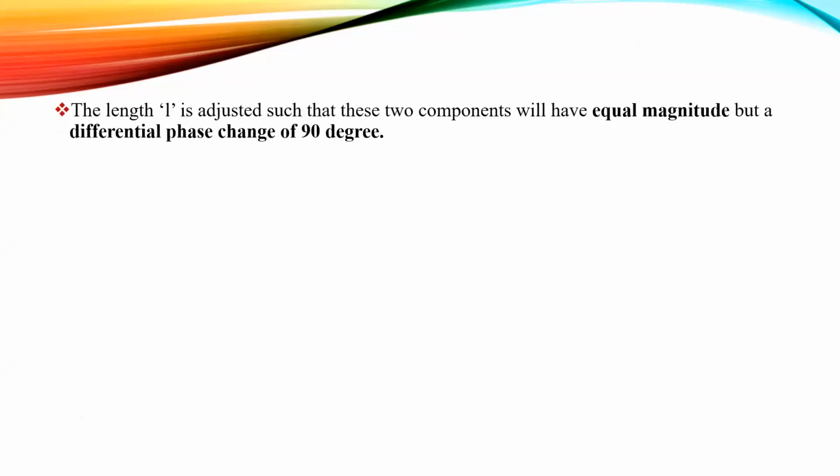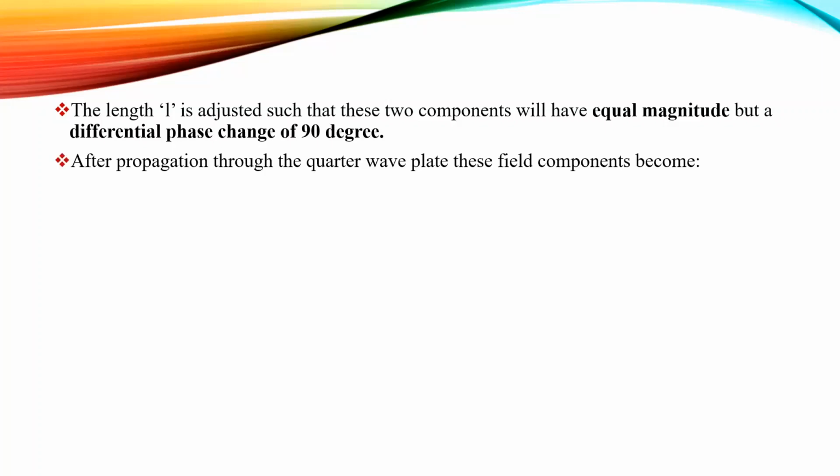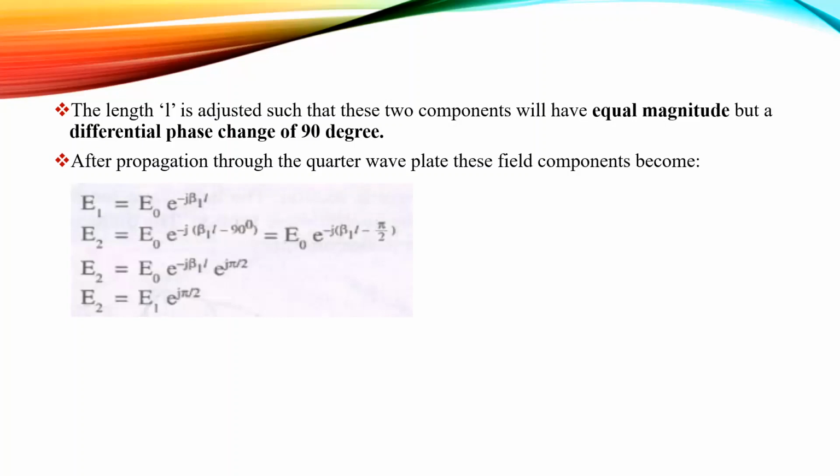So if we adjust the length in such a way that the two components have equal magnitude but a differential phase shift, a phase change of 90 degrees, that is, (beta1 minus beta2) times L equal to 90 degrees, then the previous components E1 and E2 will have a phase change of 90 degrees. So E1 will be equal to E0 e power minus j beta1 L, and E2 will have a phase change of 90 degrees, so we subtract 90 degrees from the exponential term.